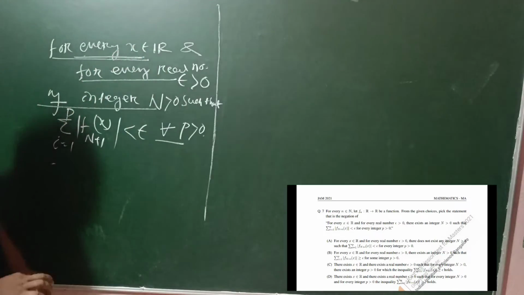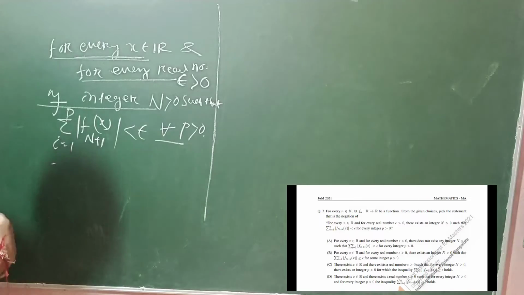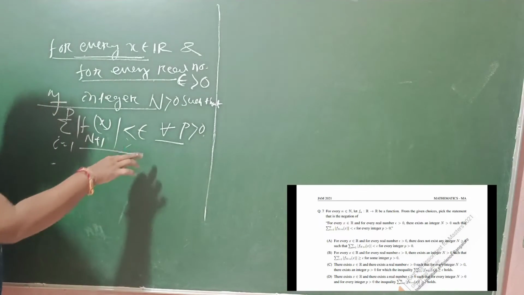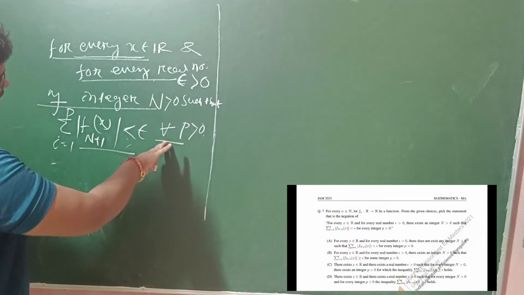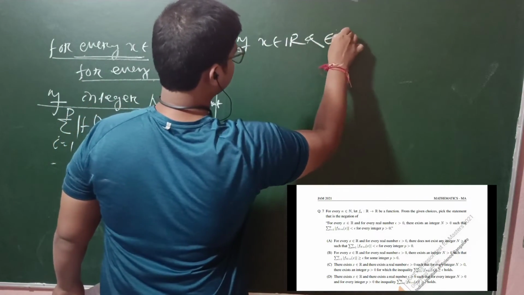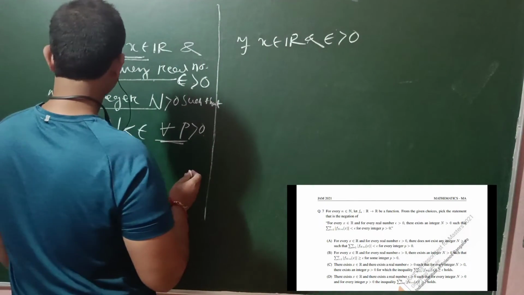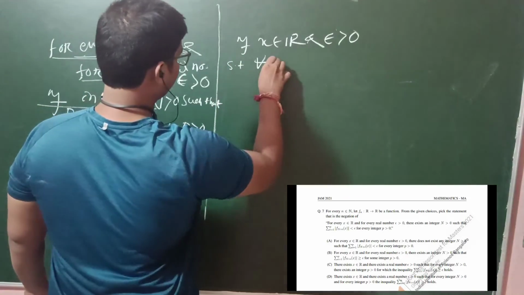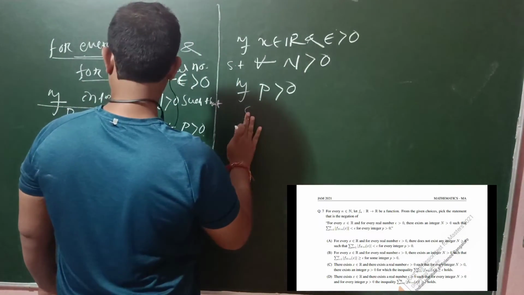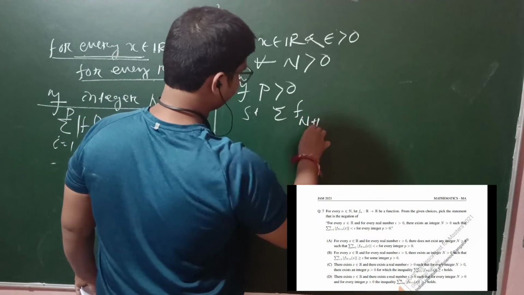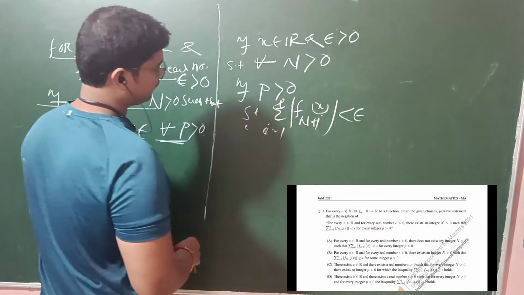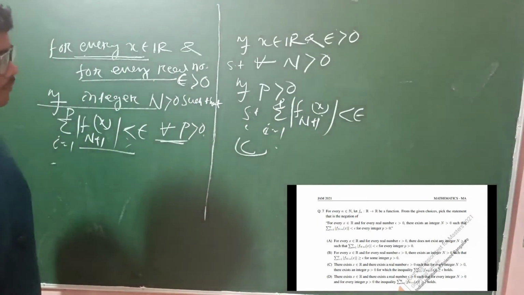So we change it: there exists x belongs to R and there exists epsilon greater than 0 such that for all n greater than 0, there exists p greater than 0 such that the summation of f n plus i of x, i equal to 1 to p, is greater than or equal to epsilon. So option C is true.